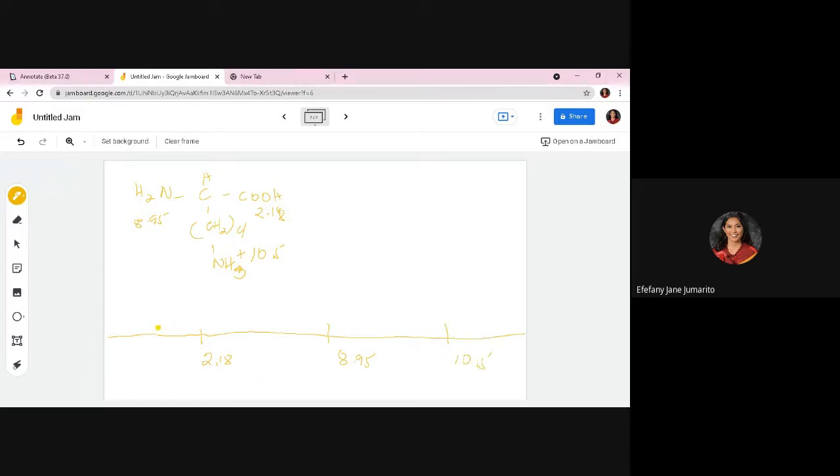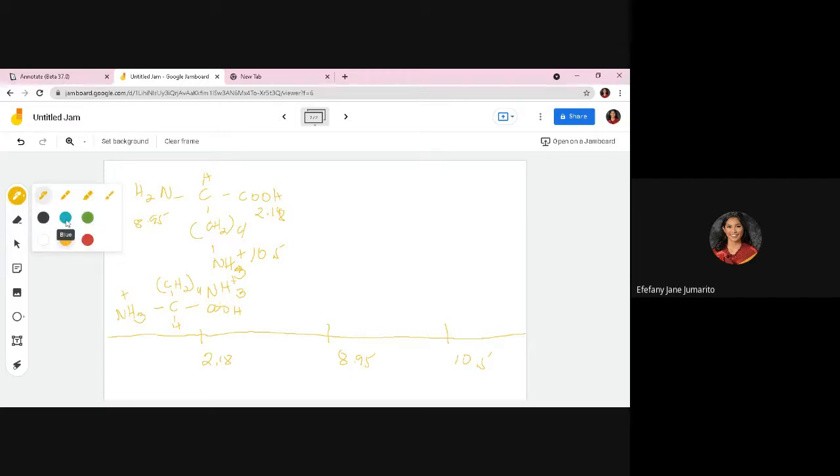Okay, so before 2.18, what will be the structure? NH3 plus. So it will be protonated. Then we have CH2 4 NH3 plus. Then we have COOH.